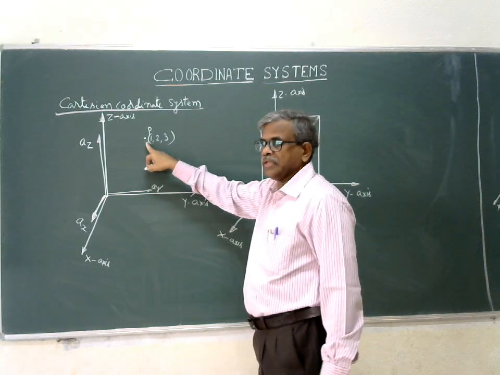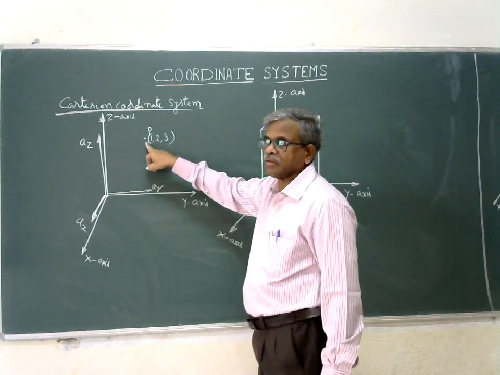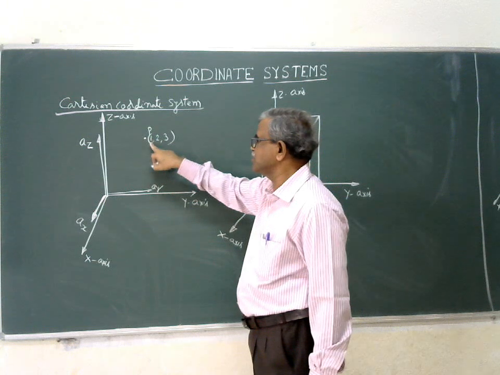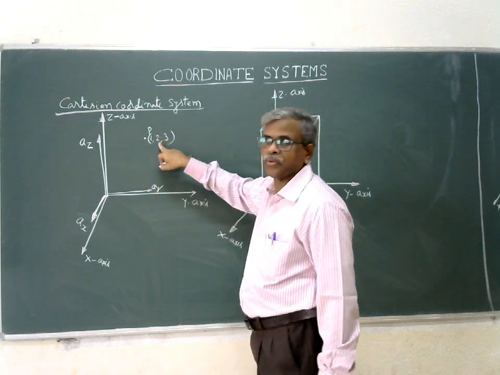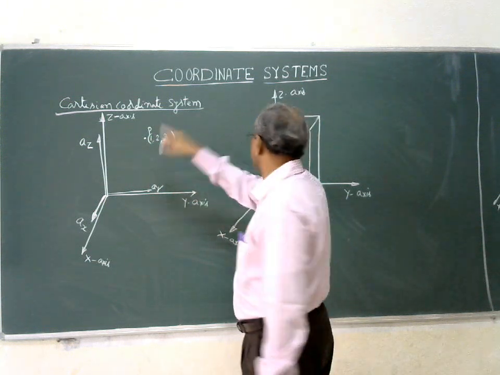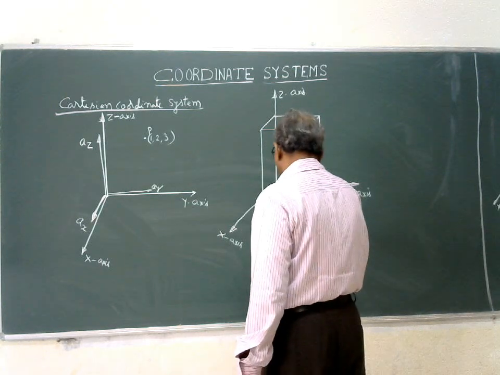Point P is the intersection of three planes: x is equal to 1, y is equal to 2, z is equal to 3. This is the x is equal to 1 plane.